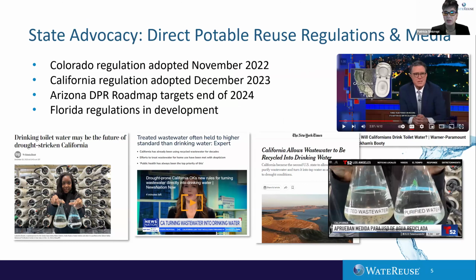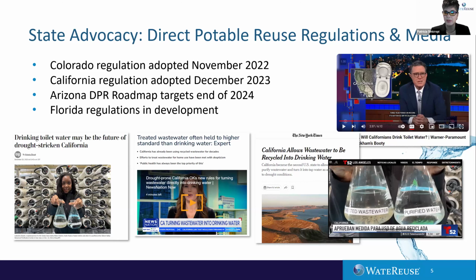Stepping back a bit, there has been much more activity on many different forms of water reuse, many different applications of water reuse. And of course, recently there's been a lot of interest in potable reuse, particularly in the West and in the South, where drought is really becoming quite severe, and states are looking at ways of using recycled resources for potable supply.